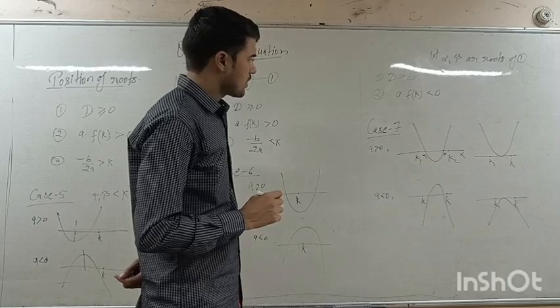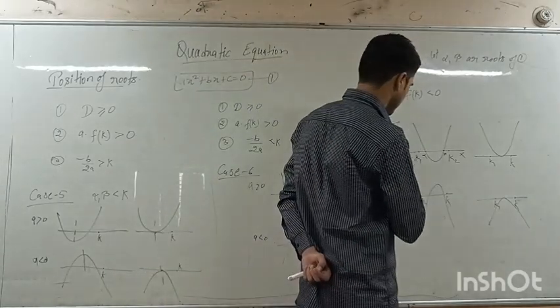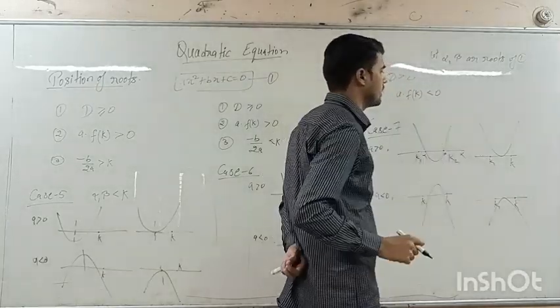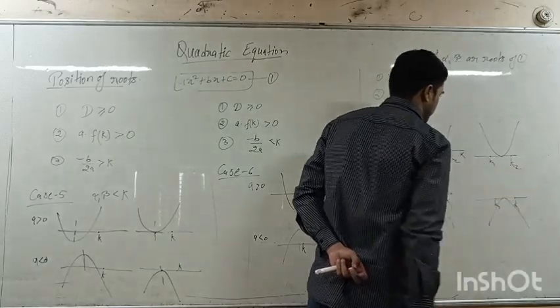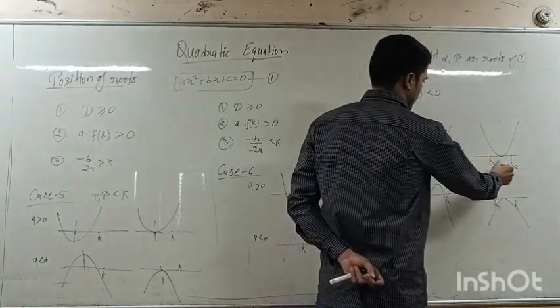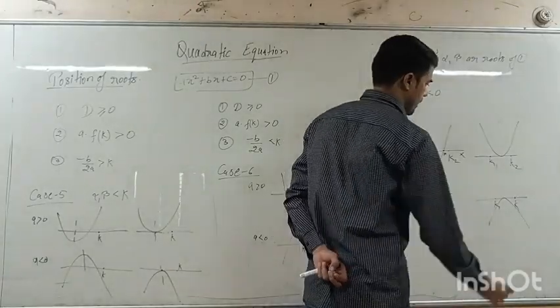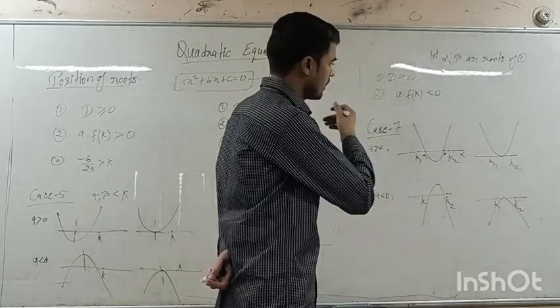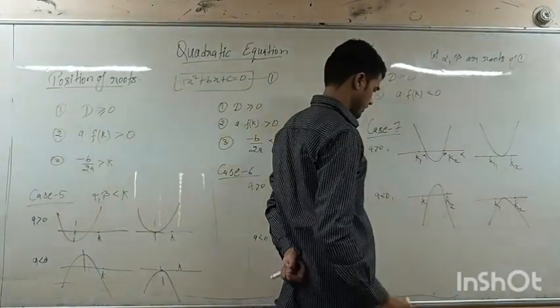So what can we observe from there? If a is greater than 0, then f(k1) is greater than 0 and f(k2) is also greater than 0. Here it is k2. Here also we can see that f(k1) is positive and f(k2) is also positive.